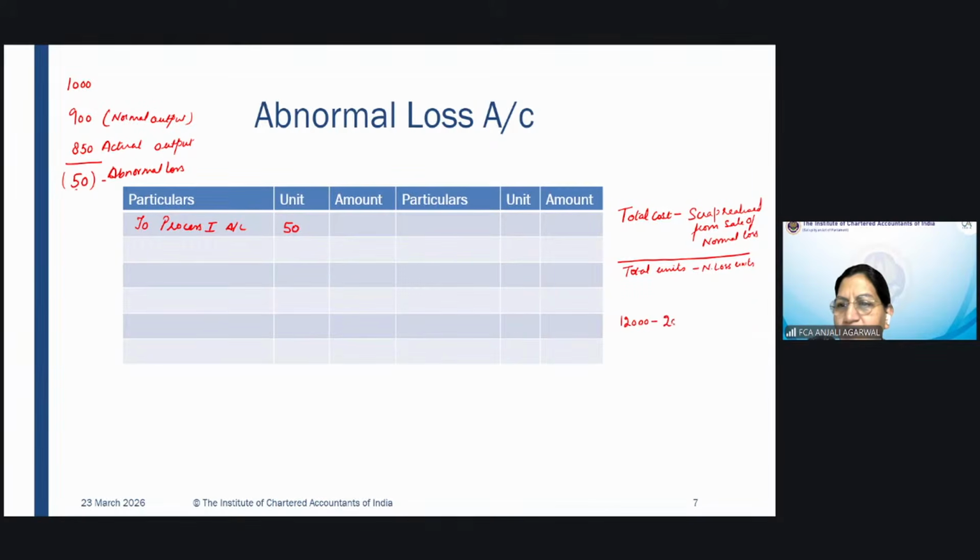Scrap realized from sale of normal loss was 200. So 11,800 is the cost which is to be borne by good units, which comes out to be 13.11. Now this rate is applied to the 850 units which move to the next process, and the same rate will be applicable to the abnormal loss units, which is 50.